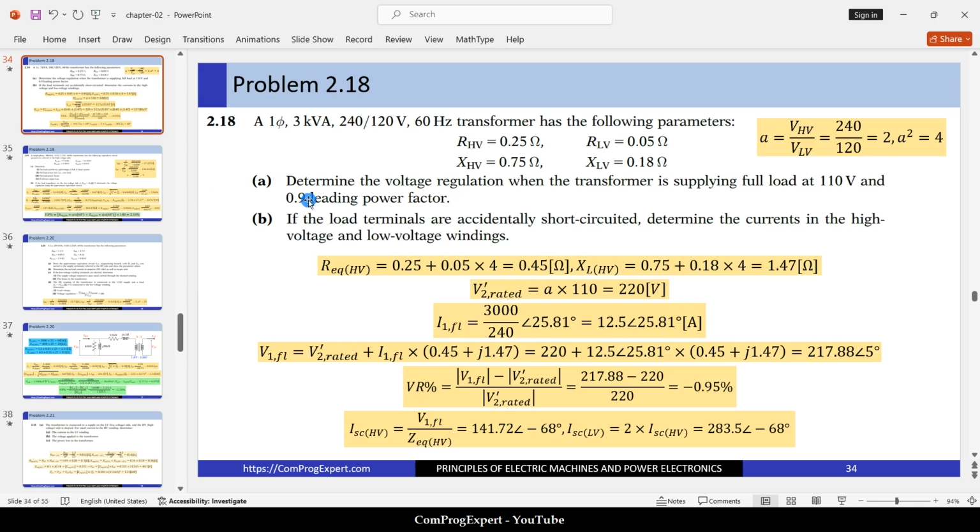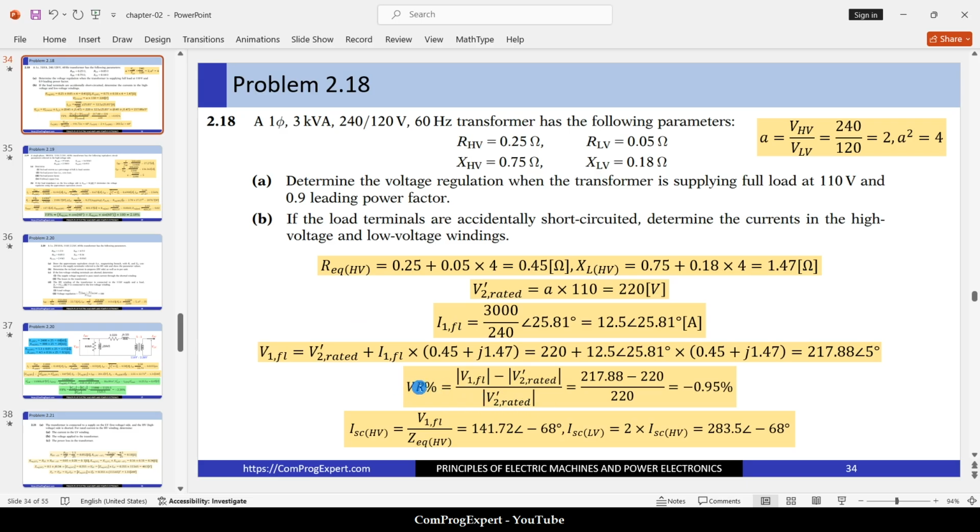We can use one of the equations that we used for calculation of the voltage regulation for part A. Here I am going to use this equation.